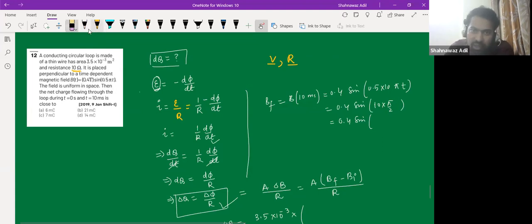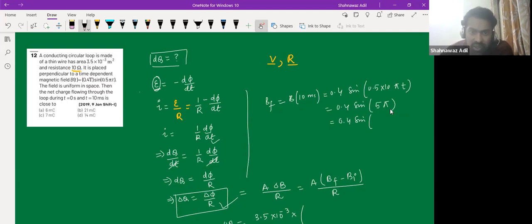So 10 pi by 2 would be how much? This is 10 into 0.5, so that is 5 pi.